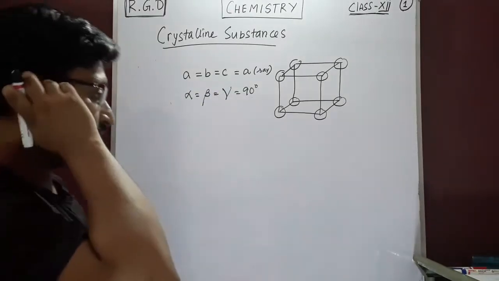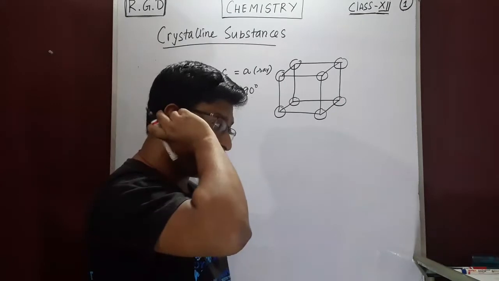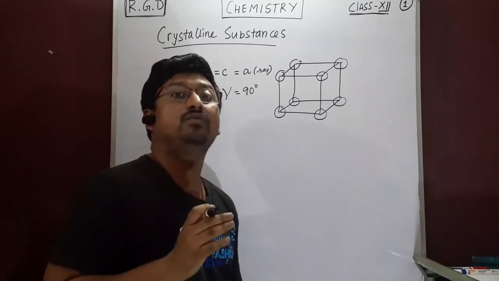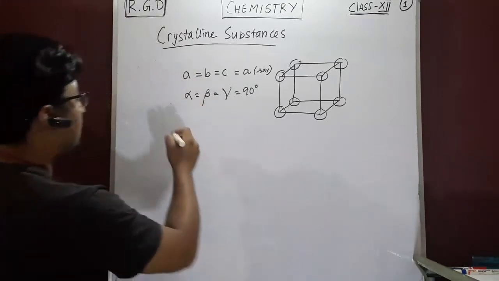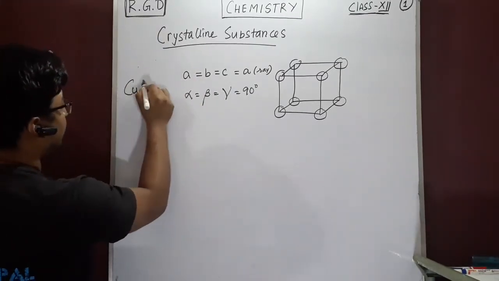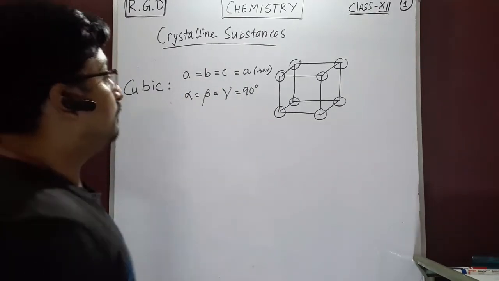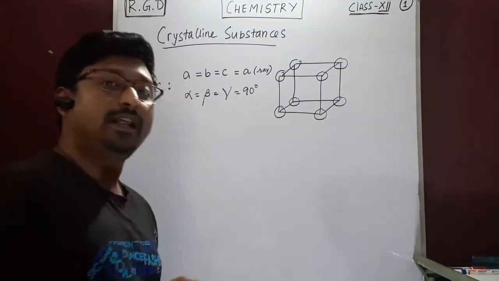This case I will know as the primitive unit cell. Primitive cubic. This is cubic definitely, and it's known as primitive unit cell.